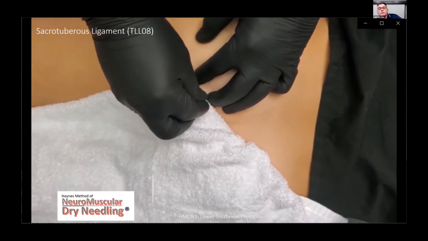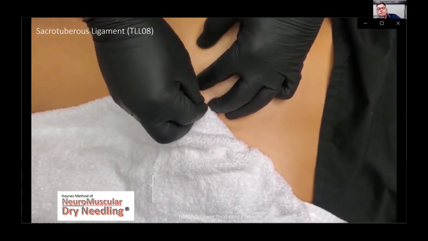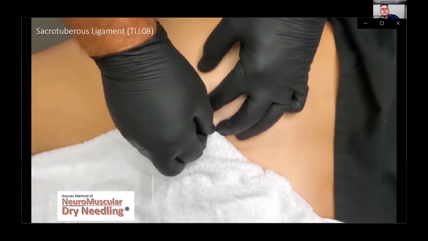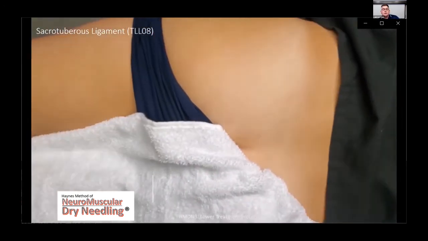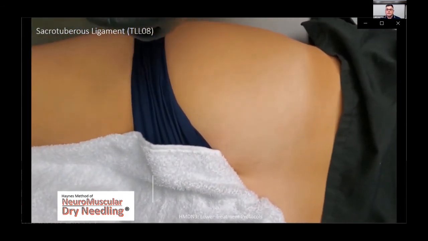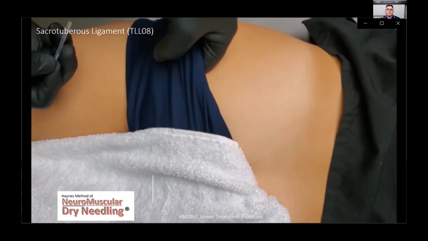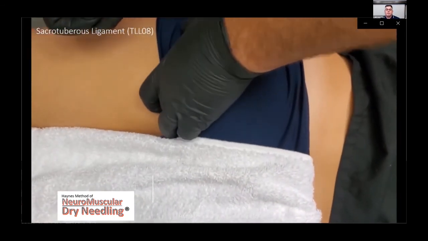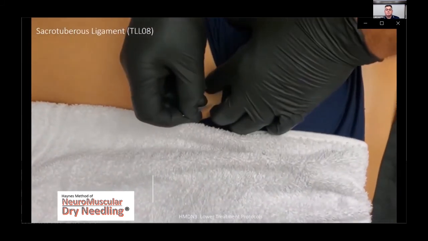Then we're going to backdrop on the sacrum or the coccyx. And then lastly, down to the ischium, that medial surface of the ischium where the sacrotuberous ligament has its inferior-most attachment.